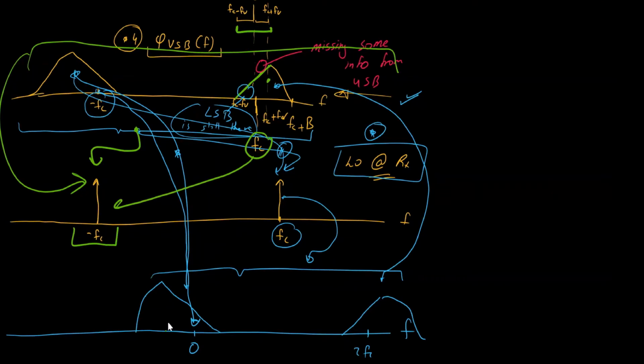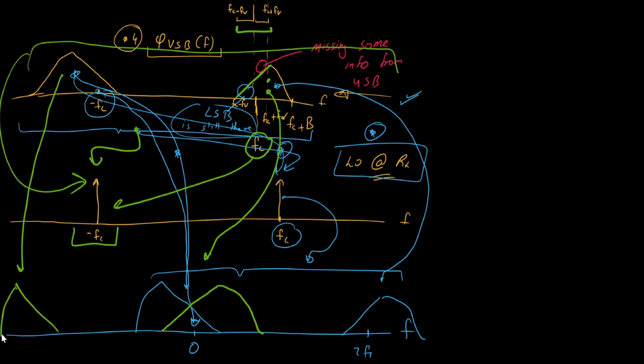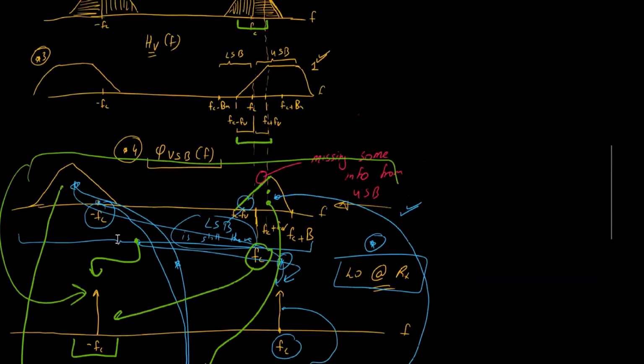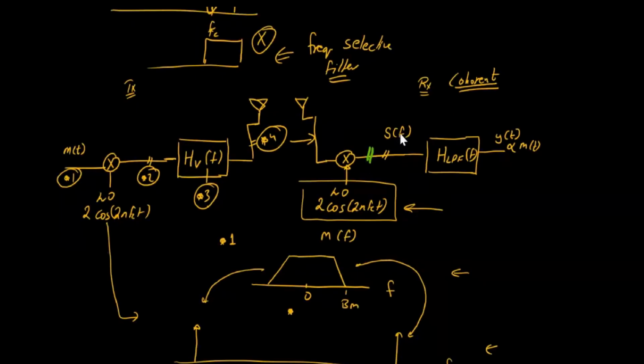Eventually we would have this translated to here, and this would go over here, and you would have something like this: this is minus 2FC, this is 2FC. This plot is basically the one that we had over here, S of F. So let us call that this is stage 5.